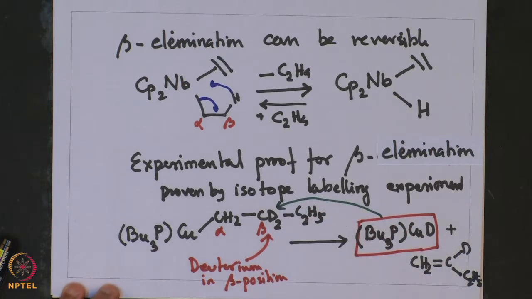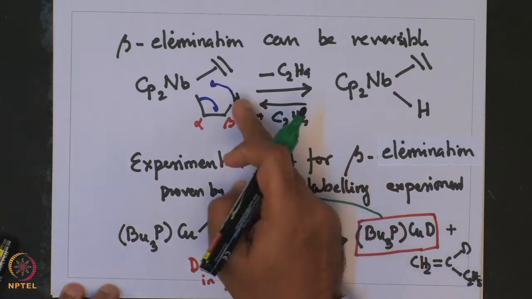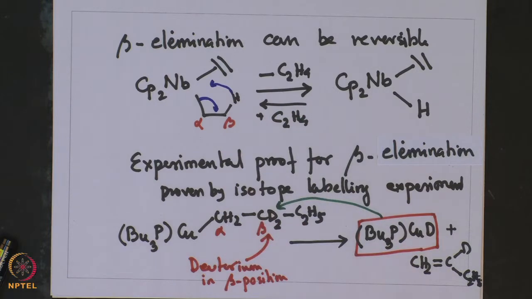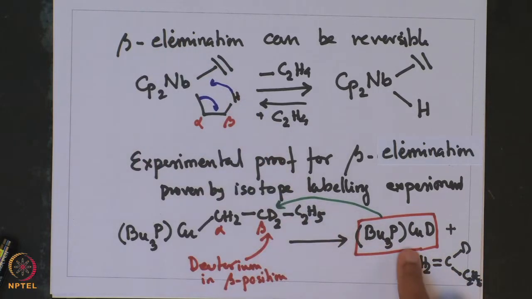So, this was a convincing proof which established the fact that in the beta elimination reaction the hydrogen is evolved from the beta position. There was no formation of copper hydride, which would have resulted from alpha elimination, and hence the name beta elimination is derived for this reason.